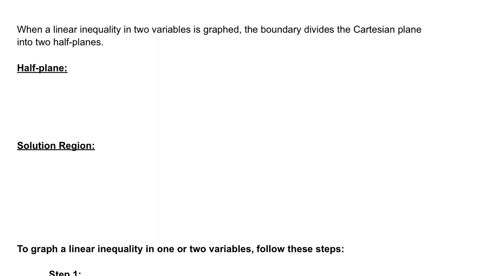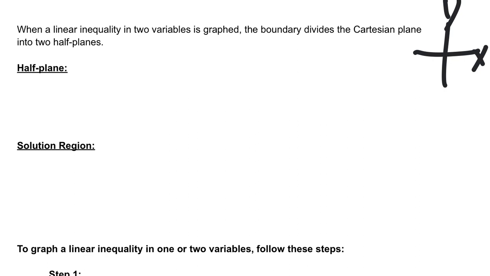When a linear inequality in two variables is graphed, the boundary divides the Cartesian plane into two halves. So remember, the Cartesian plane is our classic x, y graph, right? That we call the Cartesian plane.